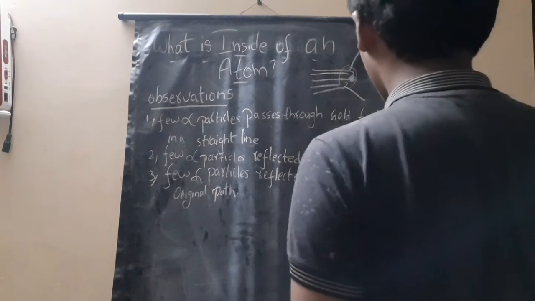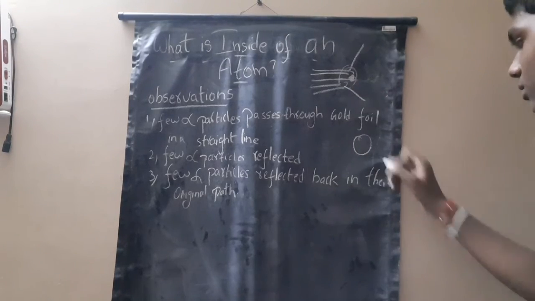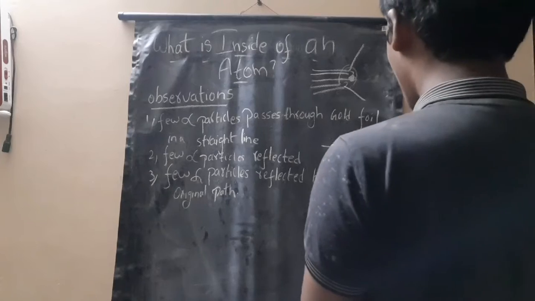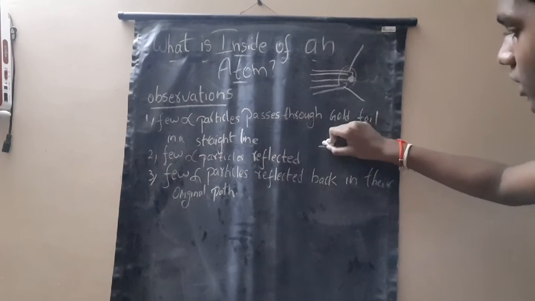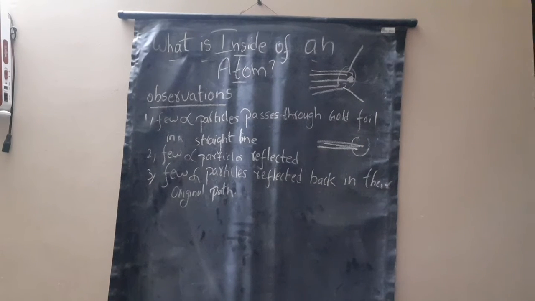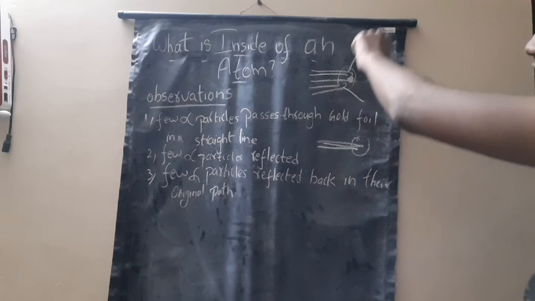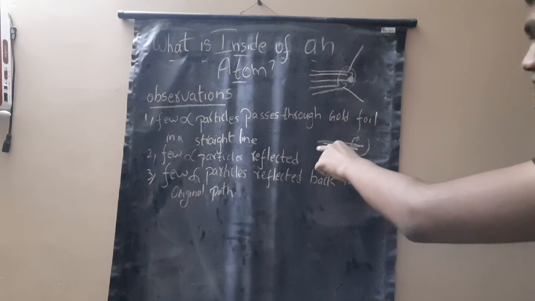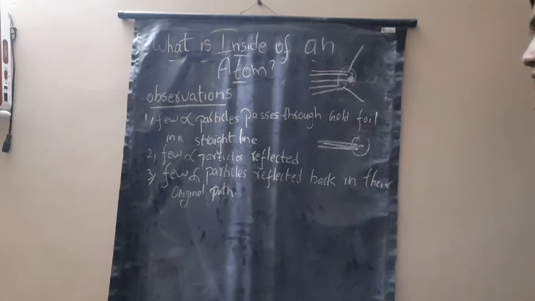Here, this is the gold foil, and the nucleus is present in the middle. A few alpha particles came and reflected back to the original path. So few alpha particles traveled straight, few reflected to other directions, and few reflected back to their original direction.